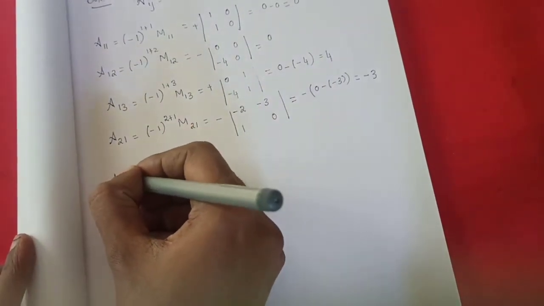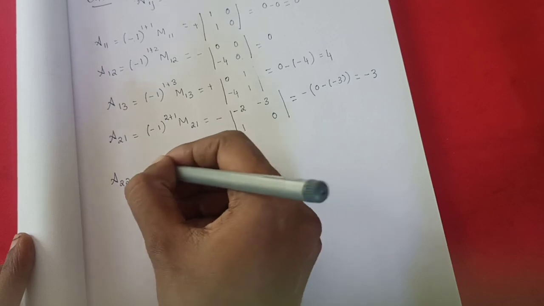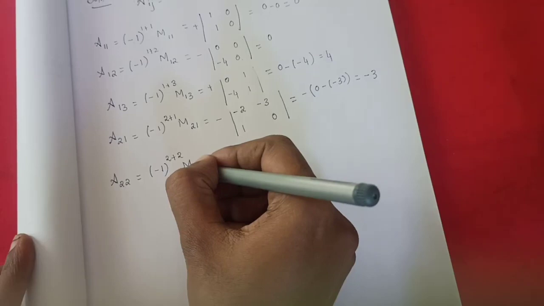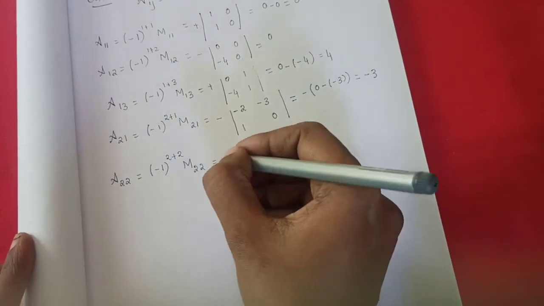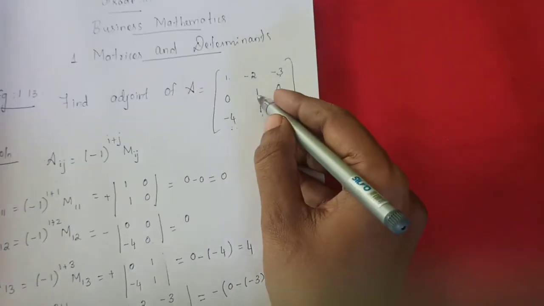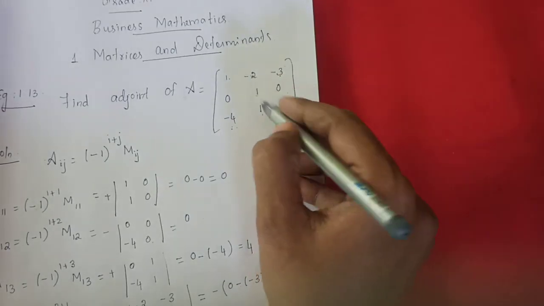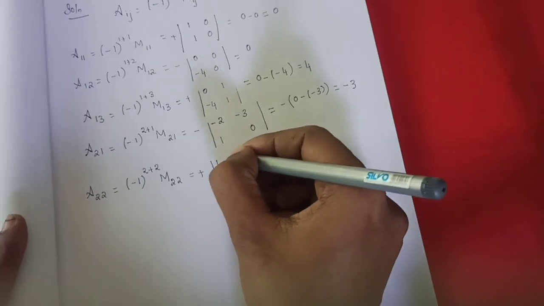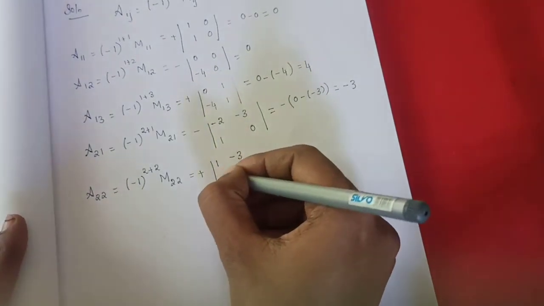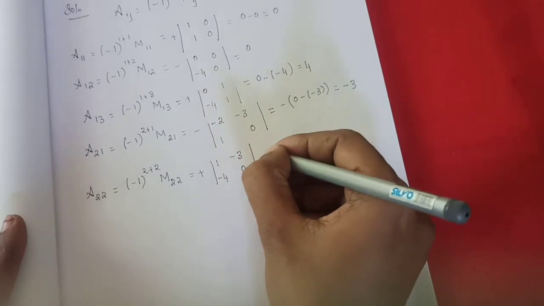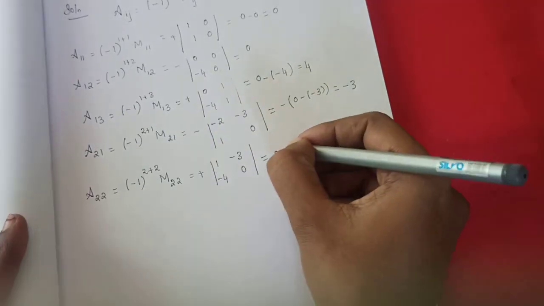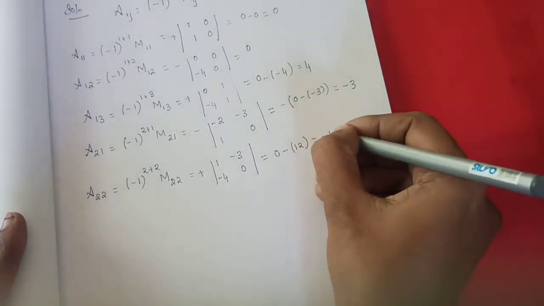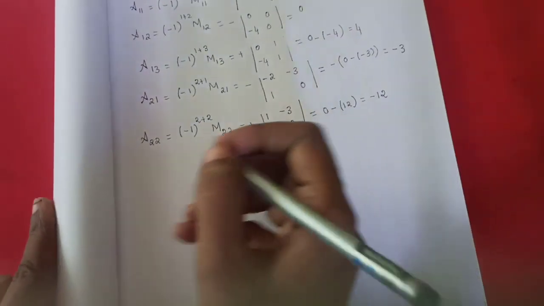Then next one, A22. That's equal to minus 1 to the power 2 plus 2, M22. That's equal to, the symbol is positive. Find out for this one, this particular row and this column will go. So what's the balance? 1, minus 3, minus 4, 0. That's equal to 0 minus of minus into minus plus. So that's equal to minus 12. Okay. Then next one.